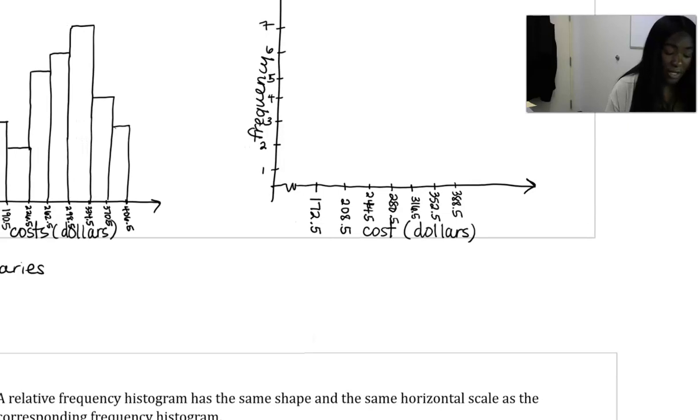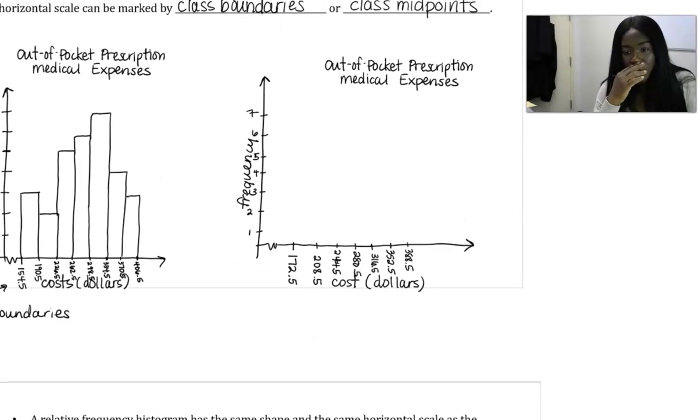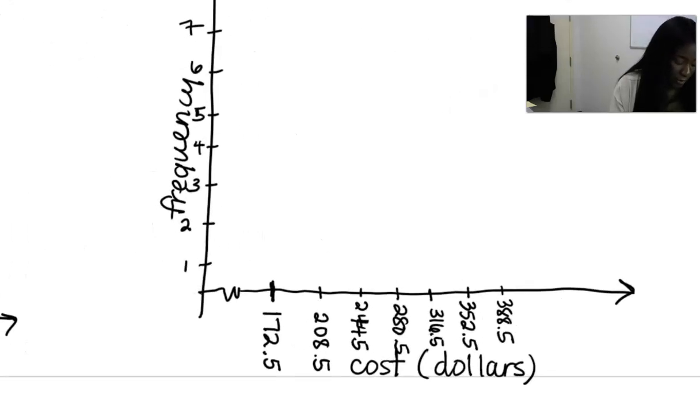So now that I have all these class midpoints put in here, I'm ready to start drawing the bars for the histogram. The first class that had a midpoint of 172.5 had a frequency of 3. The only thing that's different here is because we chose midpoints, I want the bar to be centered at the midpoint of 172.5.